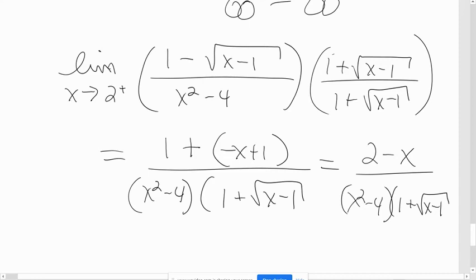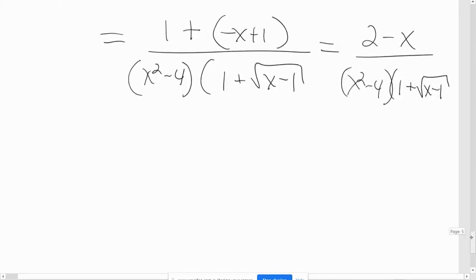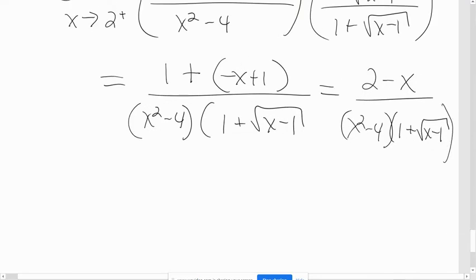Okay, so if I plug in 2 now, something a little bigger than 2. Well, let's talk about 2 first. So if I plug in 2, I'm going to get 0 divided by 0. So that would be L'Hopital's rule. All right, so we can do L'Hopital's on this one if we want.